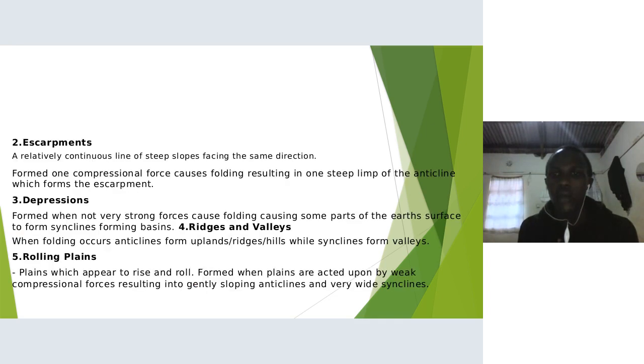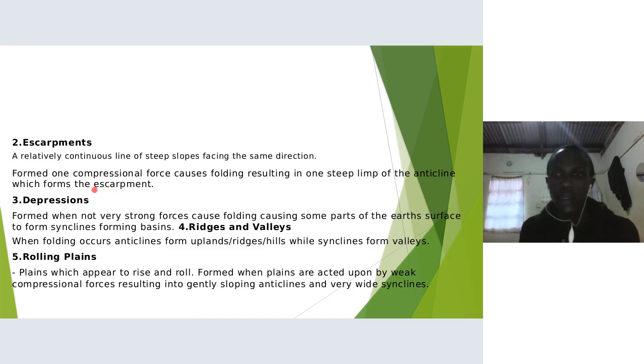Our next thing will be escarpment. Folding also leads to the formation of an escarpment. And what is an escarpment? It's a relatively continuous line of steep slope facing the same direction.